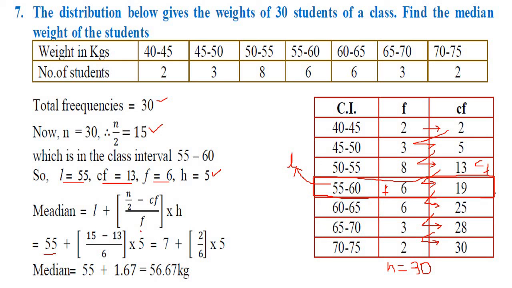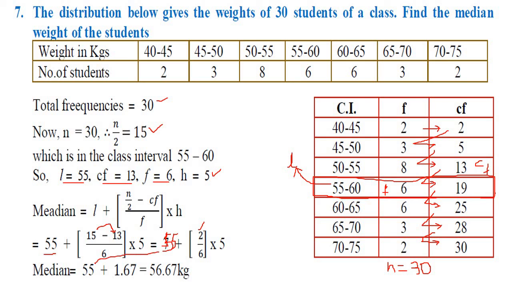Then cumulative frequency Cf is nothing but 13 divided by frequency 6 into height 5. So 55 plus 15 minus 13 is 2 divided by 6, and we can simplify.